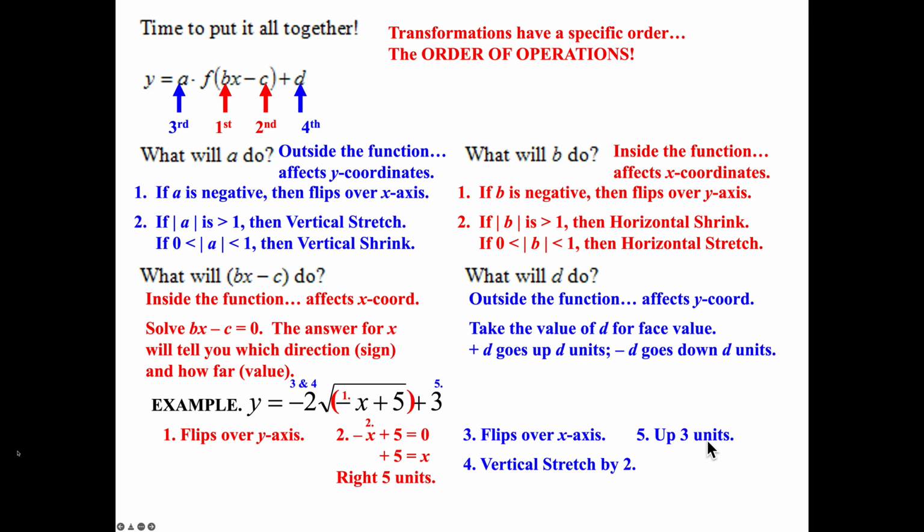Now this is a perfect test question. How many points would this question be worth? It's not worth 5. It's worth 6. All right, 1 for the flip, 1 for the shift to the right, 1 for that flip, 1 for that vertical stretch. Come back here. 1 for the up 3. Where's the 6th point?